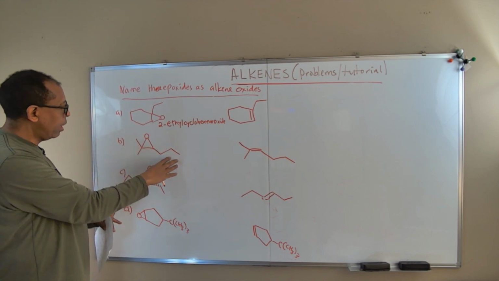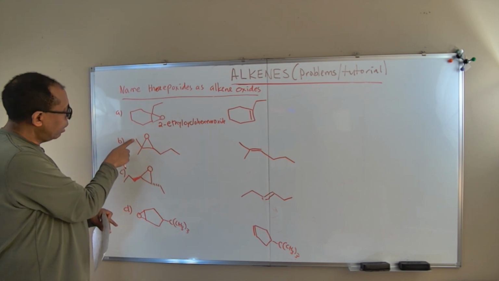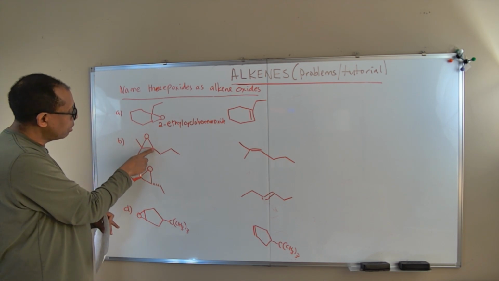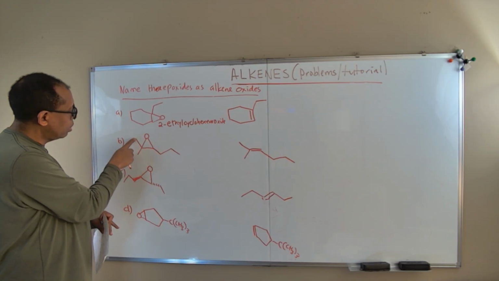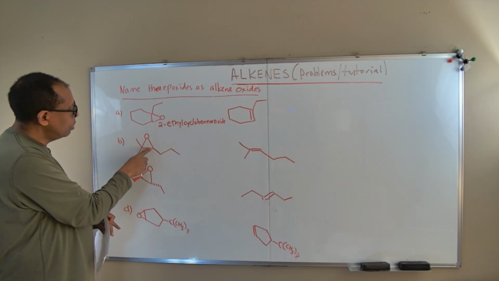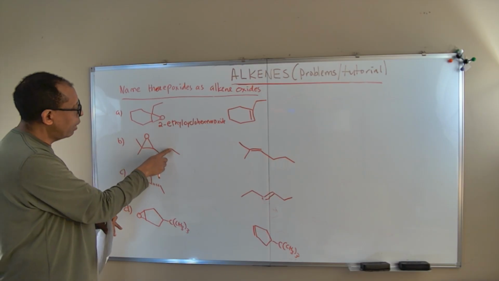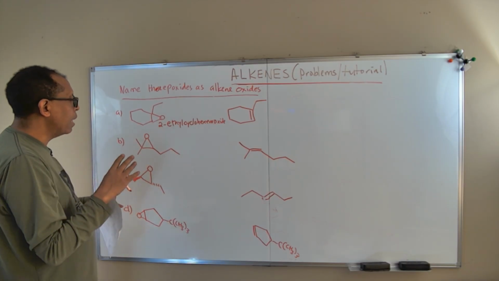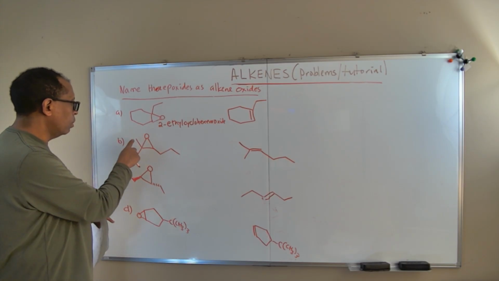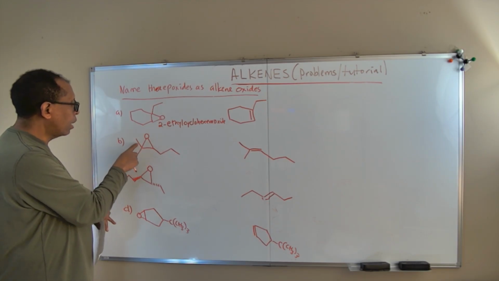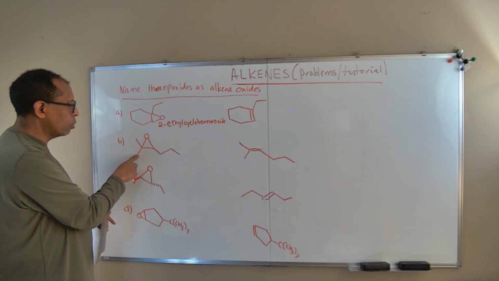And here I have also a 1, 2, 3 position. So this is 1, 2, 3, 4, 5, 6. So this is a hexene oxide. So it's a hexene oxide, but at 2 position you have a methyl group.